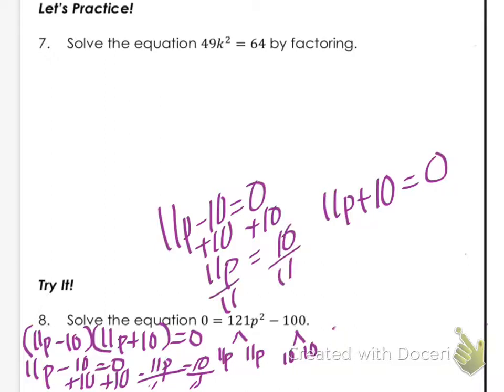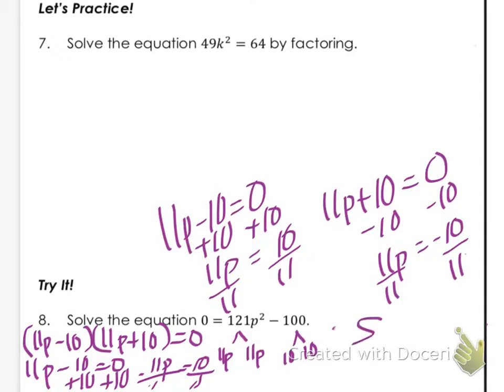We subtract 10 from both sides, and we end up with 11p is equal to negative 10. We divide by 11, and for our solution for number 8, we have negative 10/11 and 10/11.